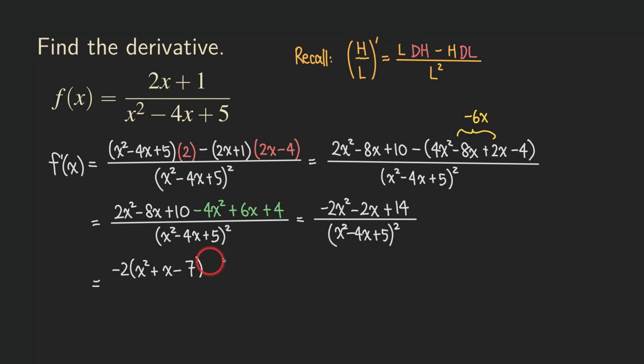The negative 2 factored out of negative 2x squared gives positive 1x squared, out of negative 2x gives positive x, and out of the positive 14 gives negative 7. And then the denominator, as usual, we just leave in that form. So just copy. And then we're finished.